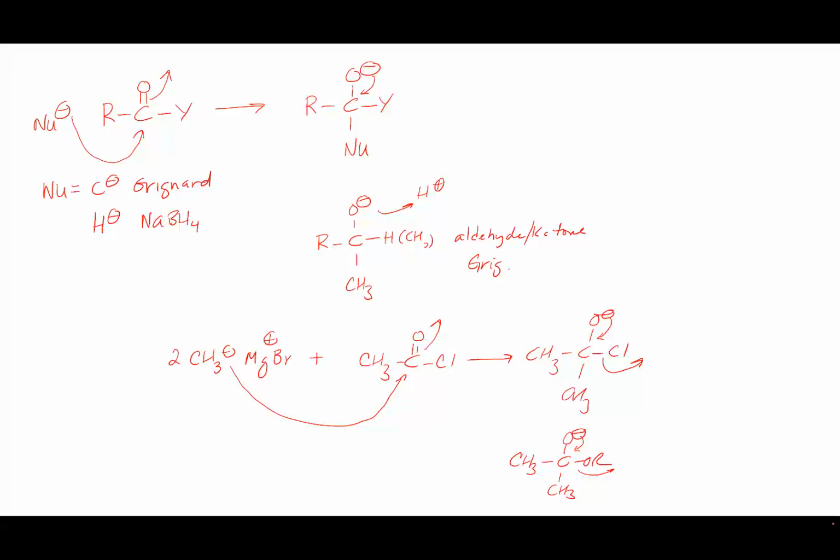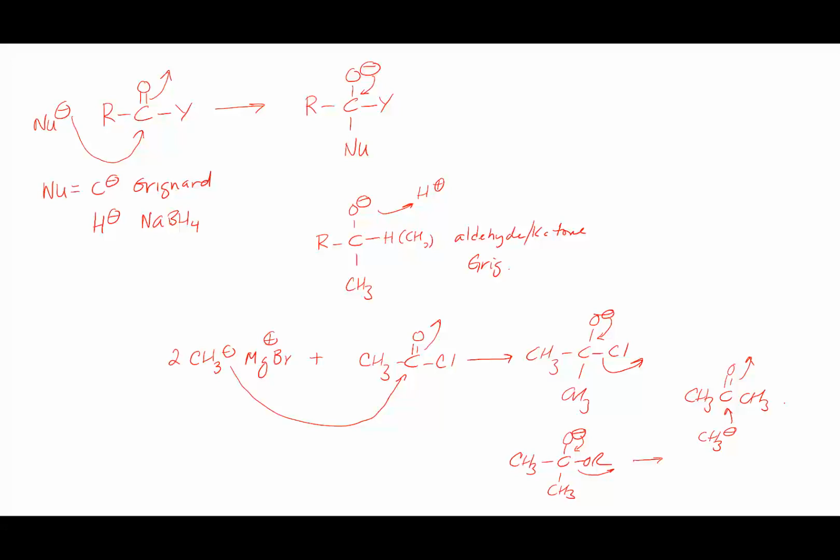So, yes, although what happens here is that once either one of these two happens, we end up with a ketone. And then the second equivalent of CH3 minus comes in and adds to the ketone.